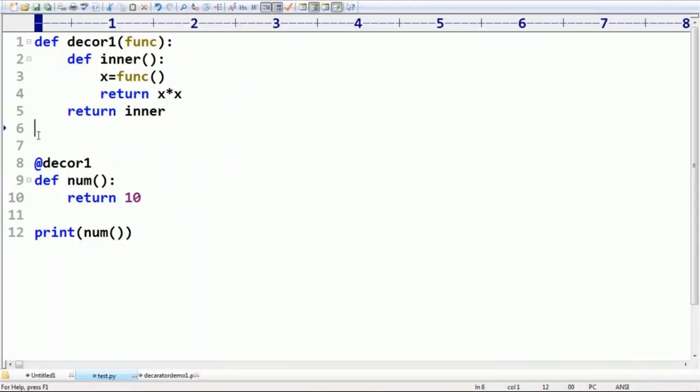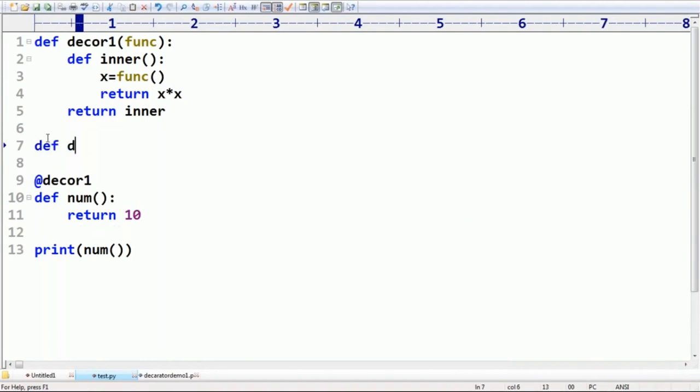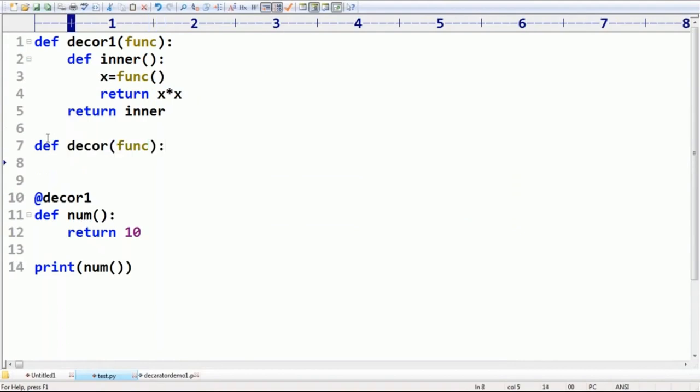Now let me take another decor: def decor of func.